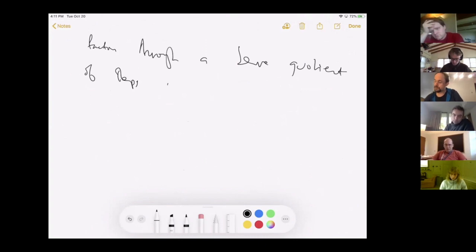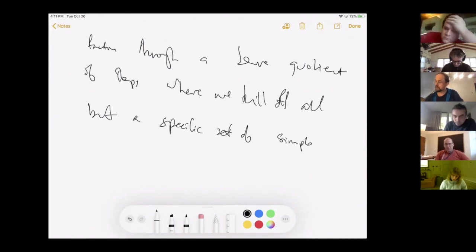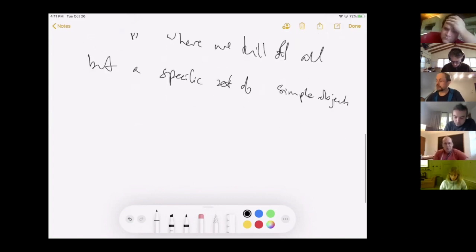There'll be some quotients where we kill off all but a certain specific set of simple objects. But again, what is a simple object in this category?